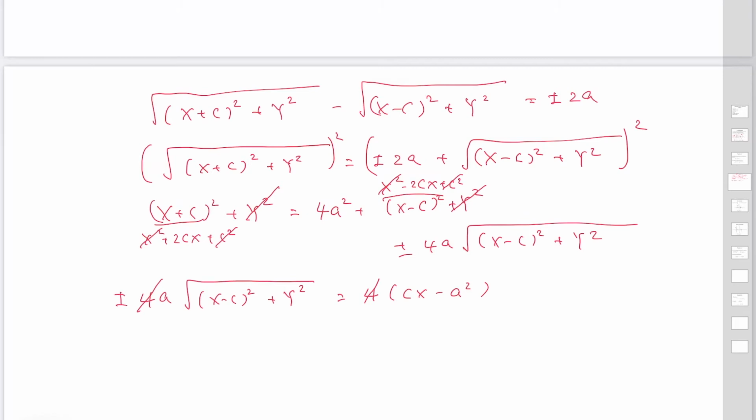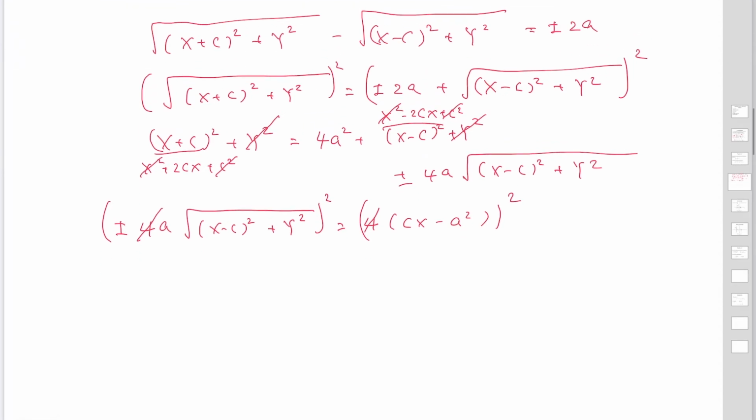So you should keep the plus or minus sign. Then take squares on both sides. Then it's going to be a squared times ((x minus c) squared plus y squared) equal to c squared x squared minus 2c a squared x plus a to the fourth.